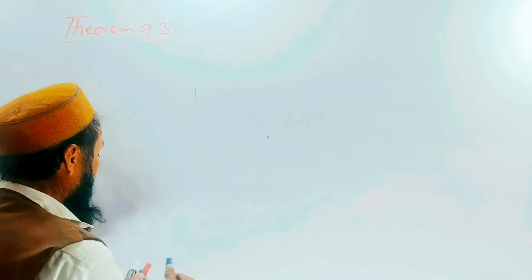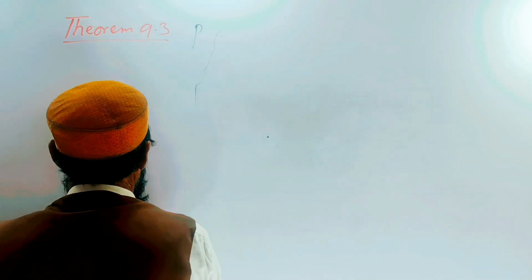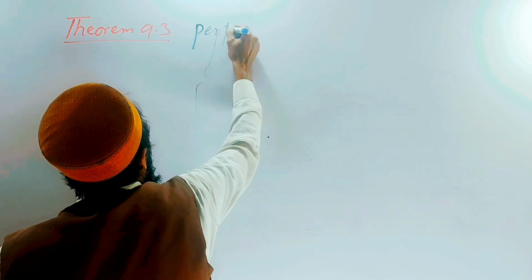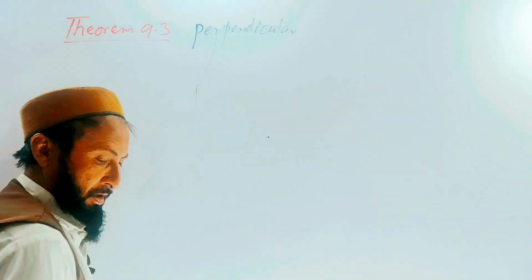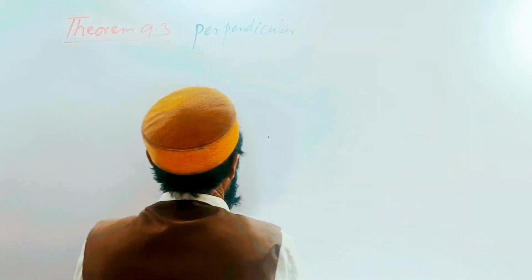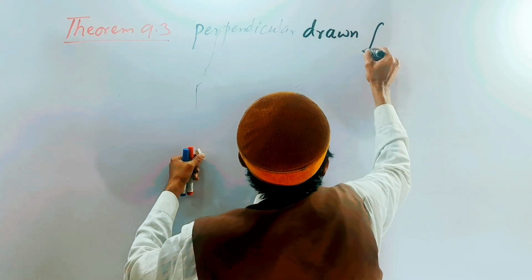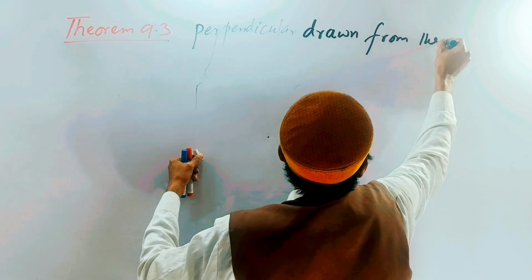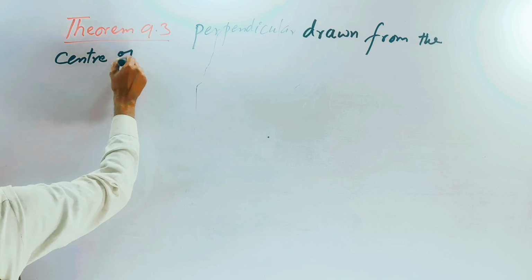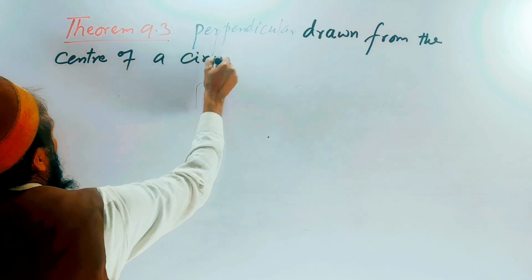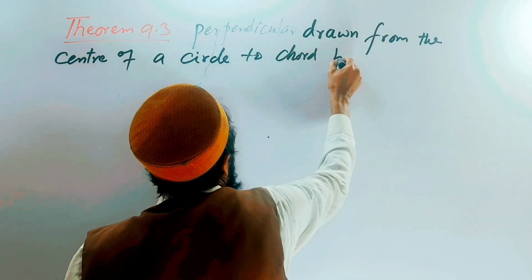So perpendicular drawn from the center of a circle to a chord bisects it.